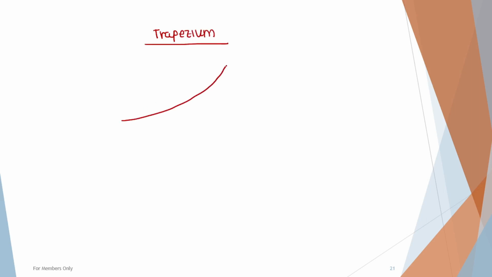So how we will calculate is, let us suppose this is the function and we want to calculate area from A to B. So what we'll do is we'll take trapezium from this point to this point, then this point to this point, and from here to here. Okay, so this is the finest way to find the area.